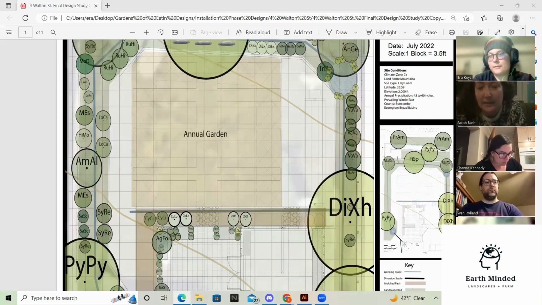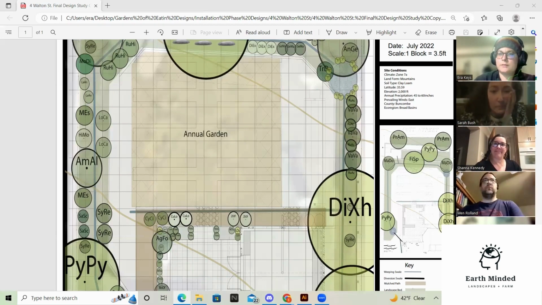And then Mazus is not native, but it has either a purple flower or a white flower. It's very low and dense. It's not invasive, but it's not native. It's walkable. You can totally walk on it. It's very low. Do you have to mow it?